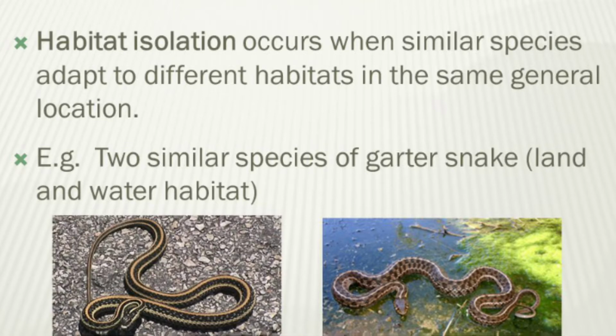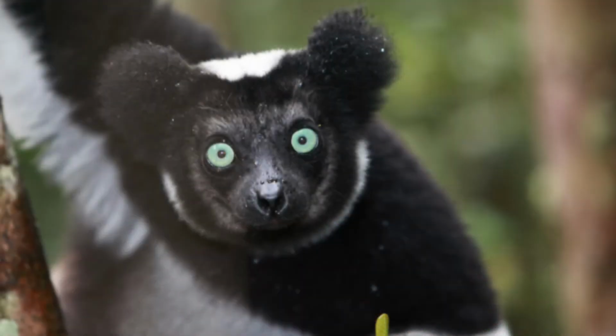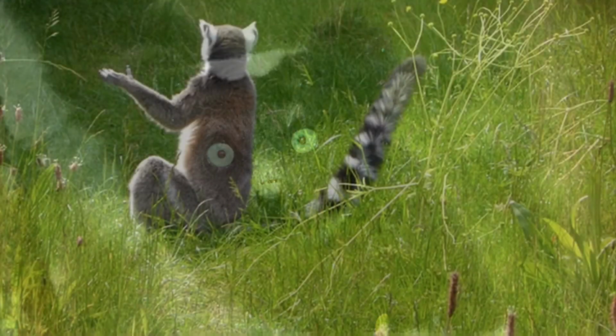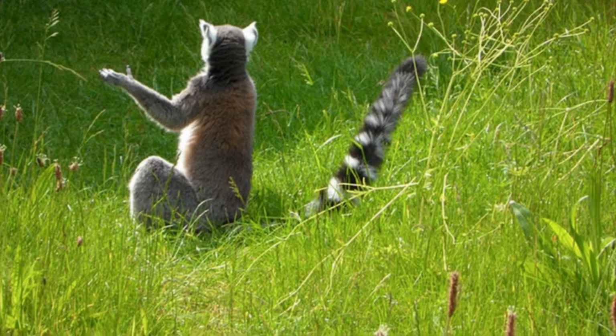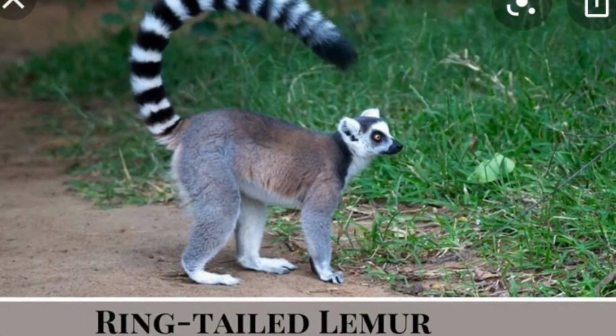You could also say for habitat isolation, preferences lower the probability of mating between individuals associated with different habitats. So you're going to be up in the trees and I'm going to be down on the ground. We probably won't see each other, so we won't make babies. That would be called habitat isolation.